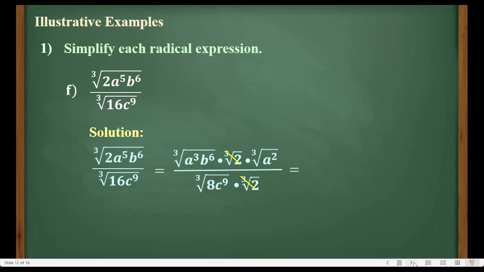And what will remain is this one. So we can now evaluate the cube root of the quantity a cube b to the 6. And that is a b squared followed by cube root of a squared all over cube root of 8c to the 9th. That will give you 2c cubed. And this is your answer.